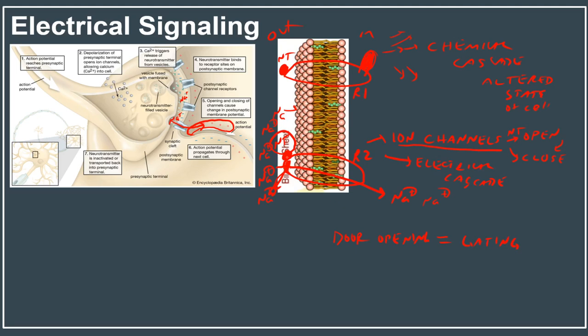So if this neurotransmitter gates this ion channel, this sodium channel, we might call R2 a sodium channel.